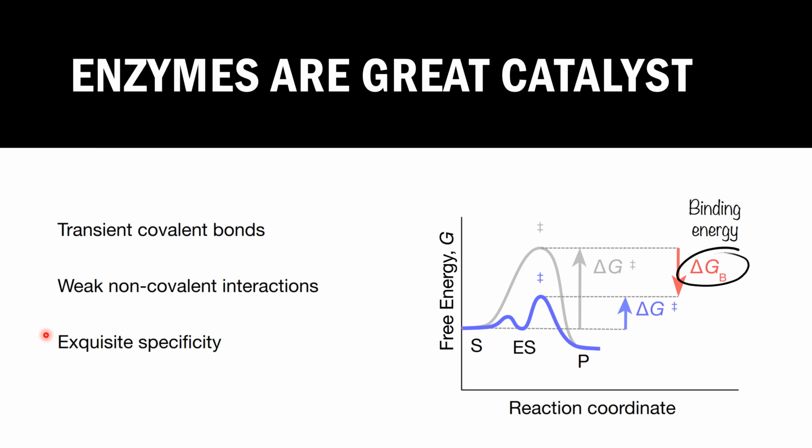On the right side, you can see an energy diagram, but we will talk about this later. At the moment, I have to emphasize why enzymes are great catalysts, and it is because of these three reasons: during enzyme-catalyzed reactions there is the formation of transient covalent bonds, the weak non-covalent interactions are responsible for catalyzing the reactions, and there is the exquisite specificity of the enzymes.